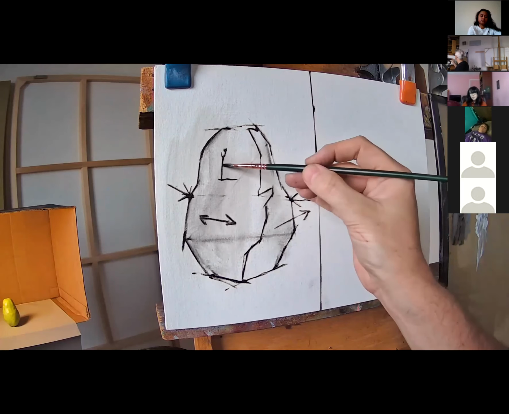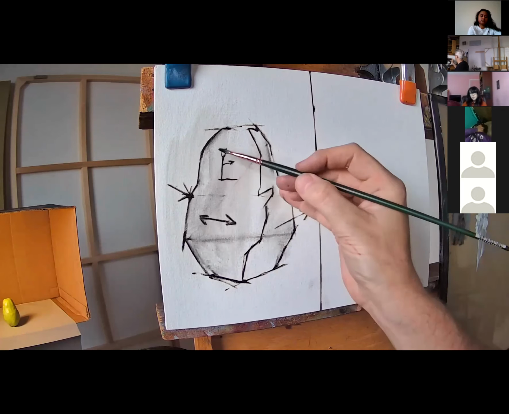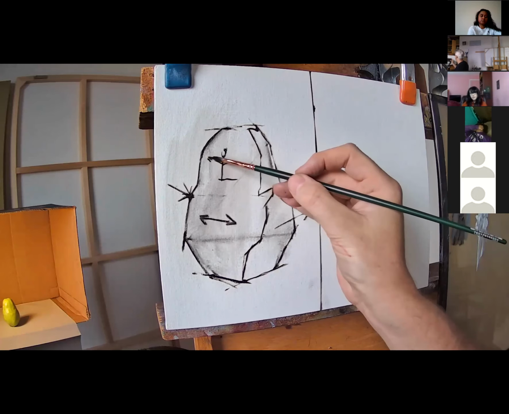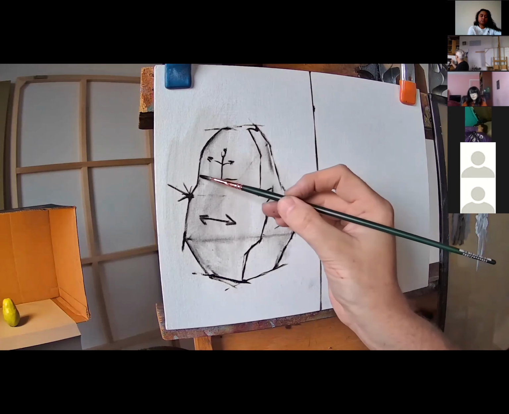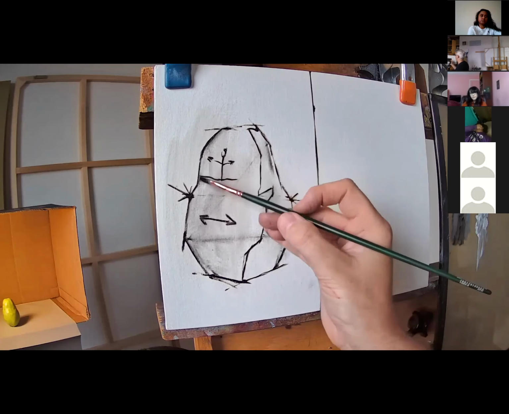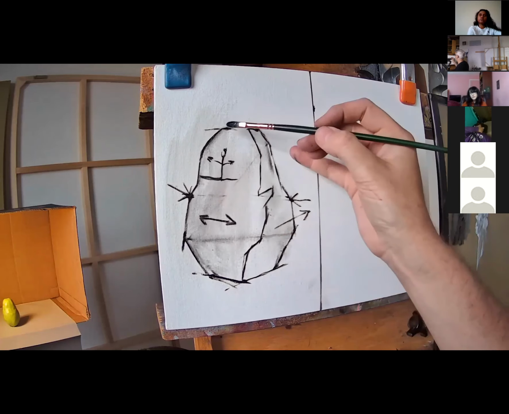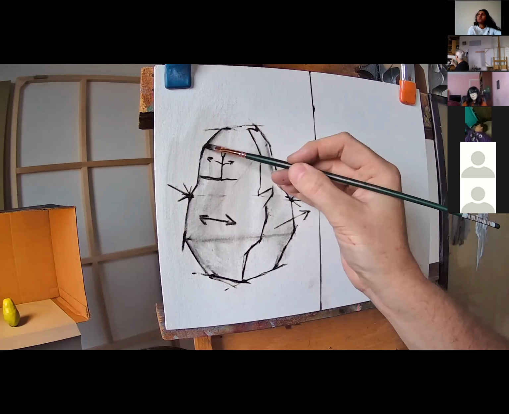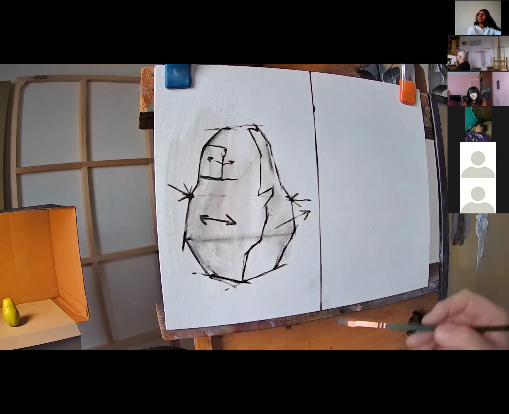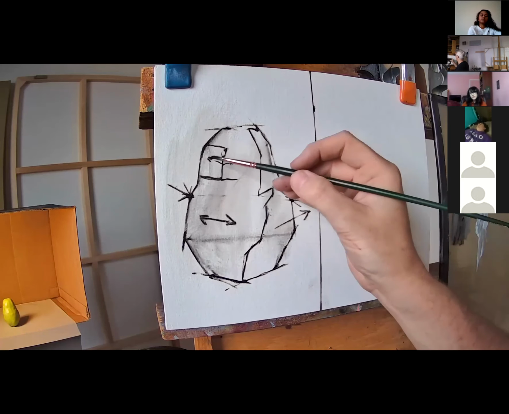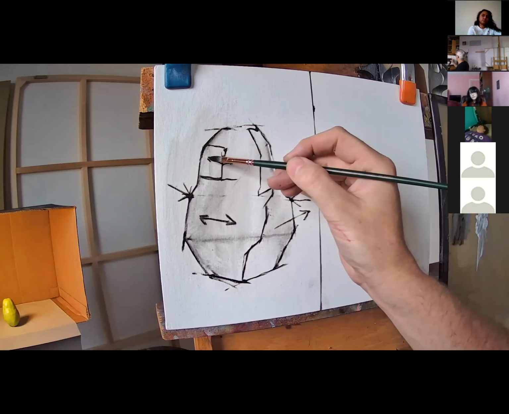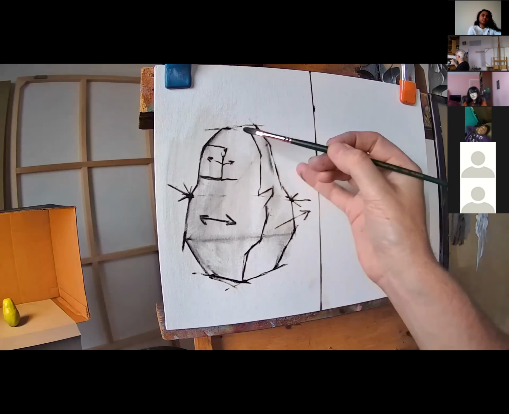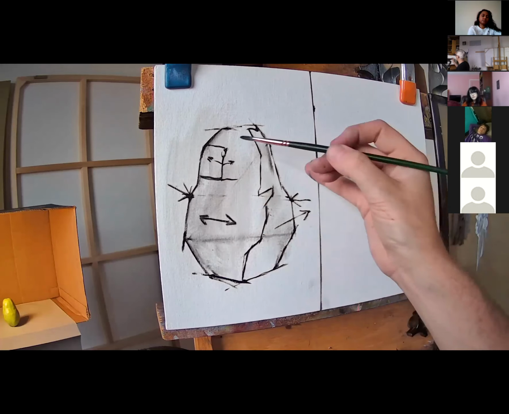So there's a planar movement like this. So we have a plane on the pear, in other words, a relatively broad, flat area on the pear that's pretty much directly facing the light source.